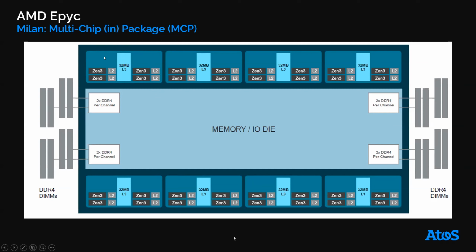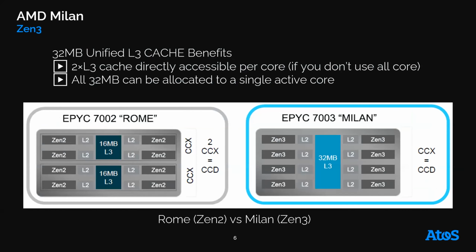So 8 cores share one L3 cache, and you will see that number coming back later when we talk about the optimal number of OpenMP threads. Then there are lots of memory channels around, and I will come to that in the next picture.